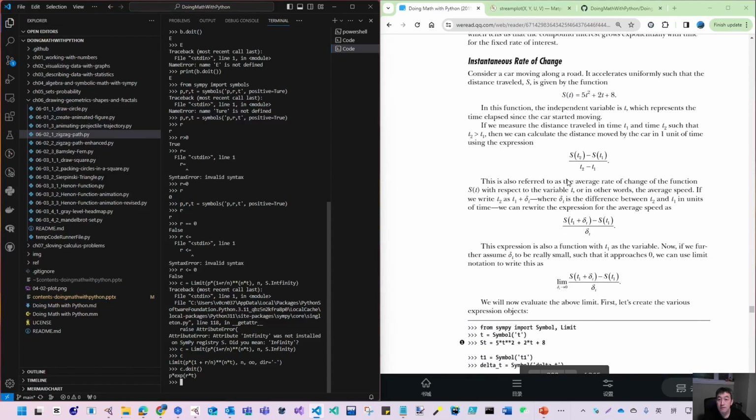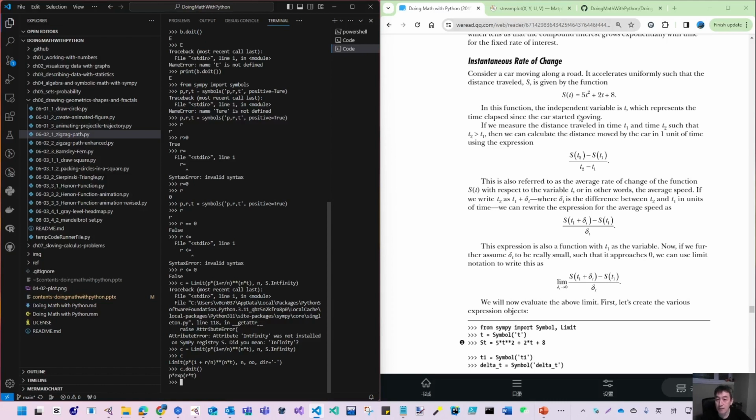And then we can do another example, instantaneous rate of change. Consider a car moving along a road. It accelerates uniformly such that the distance traveled is s, which depends on t times the acceleration, and t gives you the velocity. So these are the two levels of this variable.